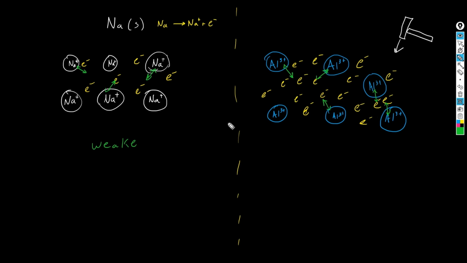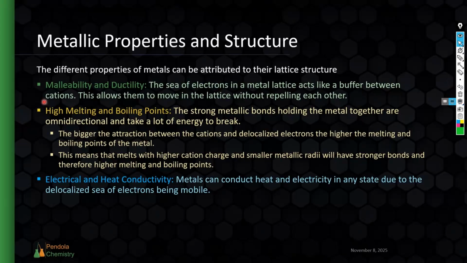And because of that, instead of breaking, the metal lattice can actually adapt to new shapes. And so it gives the properties of malleability and ductility to those metals.